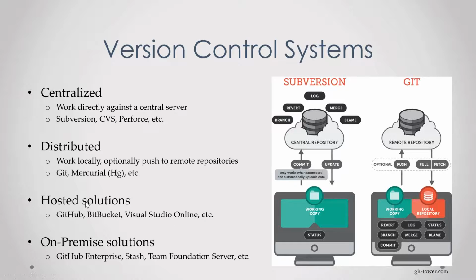In terms of different options that you could potentially use, there's a bunch of hosted solutions: GitHub, Bitbucket, Visual Studio Online. I found that you might end up paying a bit more for these in the sense that you have to pay per repository. So that can limit you in terms of having a good number of repositories out there. And then on the other side, you have on-premise solutions. You can install your own GitHub Enterprise server, Atlassian Stash, Microsoft Team Foundation Server.